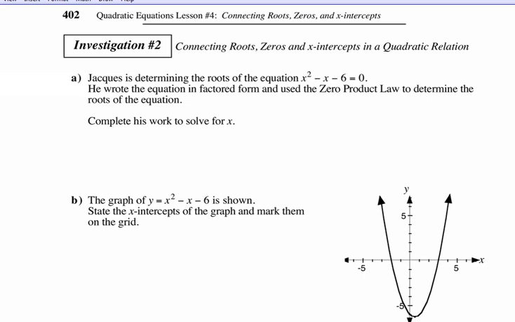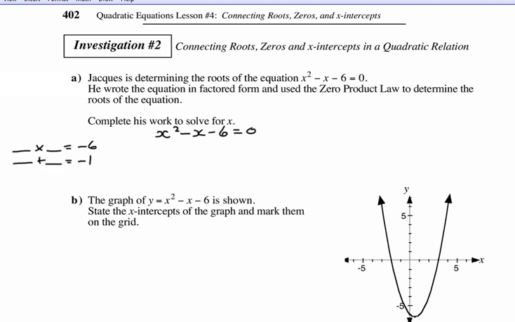He wrote the equation in factored form and used the zero product law to determine the roots of the equation. Complete his work. So what did he do? It says he wrote the equation in factored form. Awesome. Okay, let's factor this guy. Is there a greatest common factor? One. It's simple. There is one as the greatest common factor. Two numbers that multiply to negative 6 and add to negative 1.